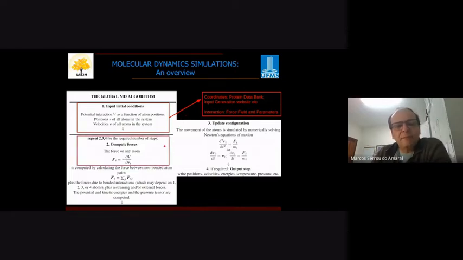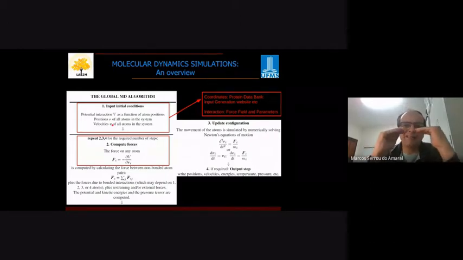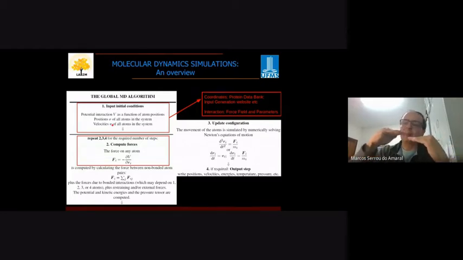The next step. Oh, by the way, I didn't say anything about the velocity. In general, you don't need velocity because you start the simulation at 0 Kelvin, and at 0 Kelvin the velocities of all atoms are 0. So you start at 0 Kelvin, and after that you heat the system until the target temperature.